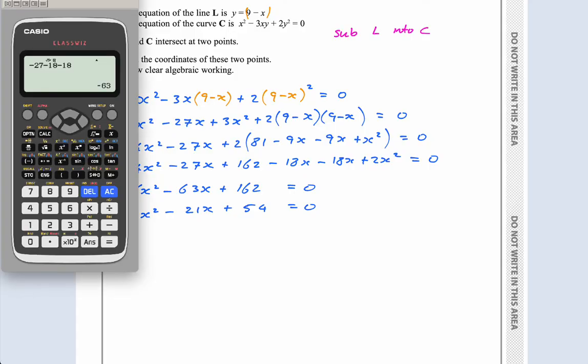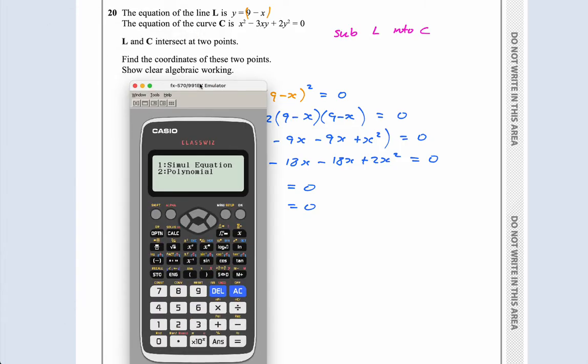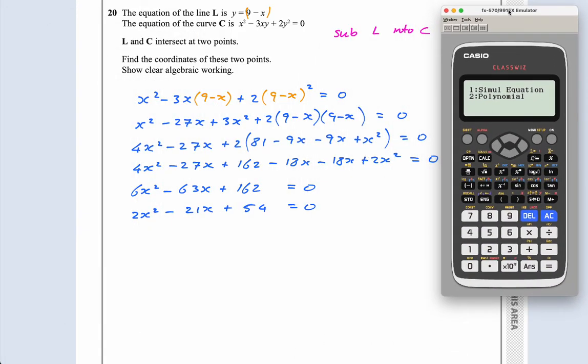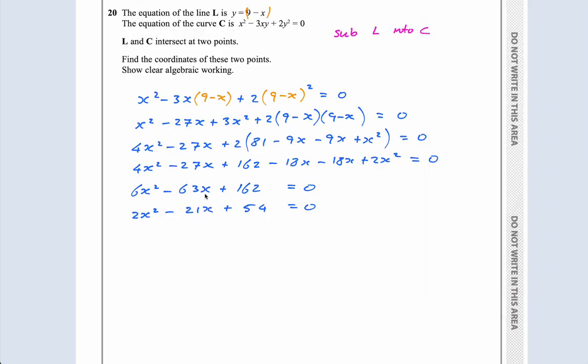Okay, now I need to get x. So guys, what we can do is, using our calculator, we will go to equation. This is obviously a horrible quadratic to solve. So I'm going to go to polynomial, degree 2. I'm going to say that's 2, that's negative 21, and that's 54. And I'll say, can I have my answers, please? It's 6 and 9 over 2. Okay, so that's just going to help me to factorize this. So I'm going to say 2x and x.